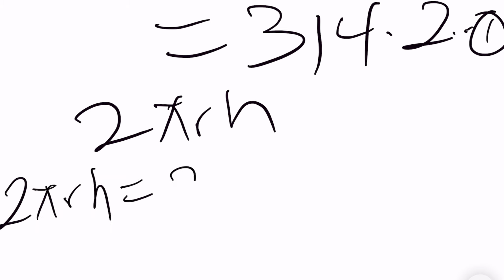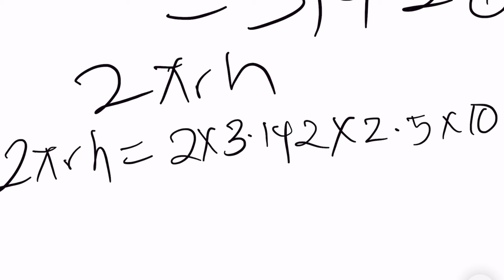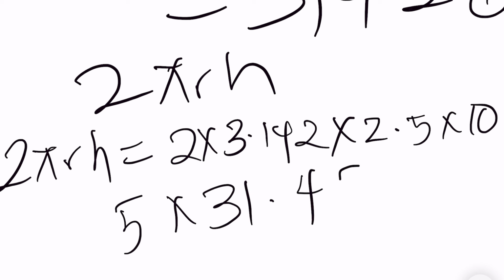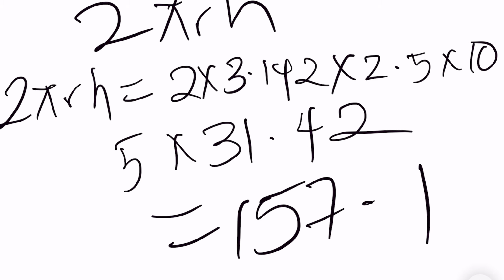The next one, which is 2 pi rh, we have it to be 2 times 3.142 times 2.5 times 10. 2 times 2.5 is 5, so we have 5 times 31.42, and we have this to be 157.1.